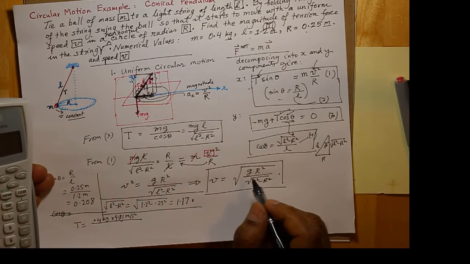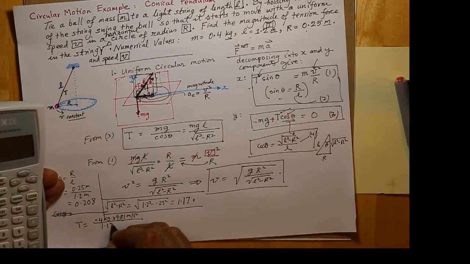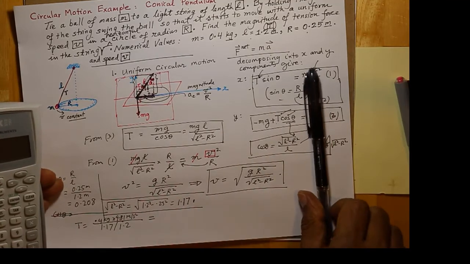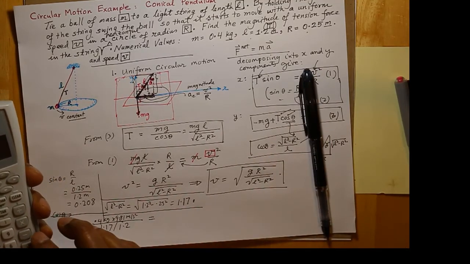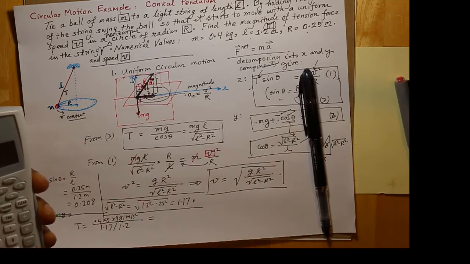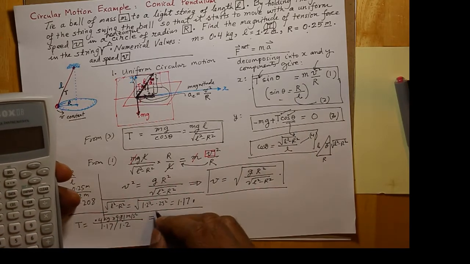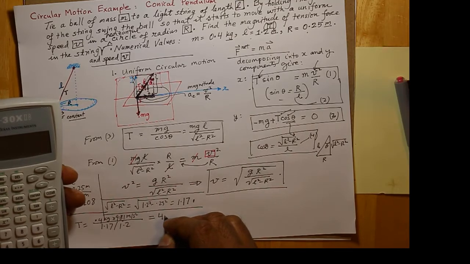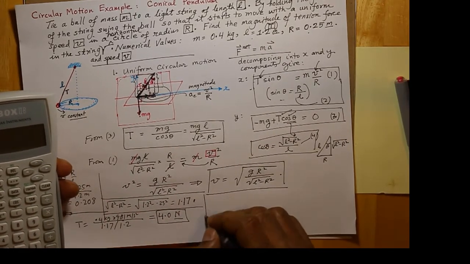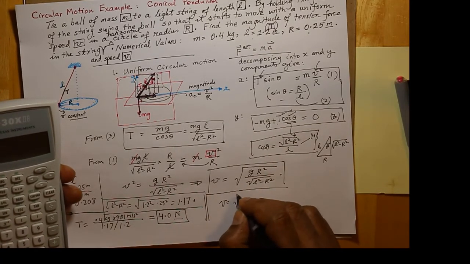Cosine theta will be this divided by L, so 1.17 over 1.2, and so I'll get 0.4 times 9.81 times 1.2 divided by 1.17, and that should give me 4.0 Newton for tension.